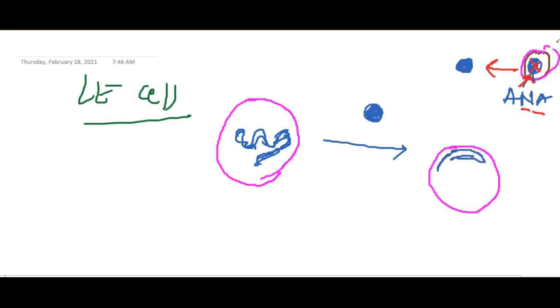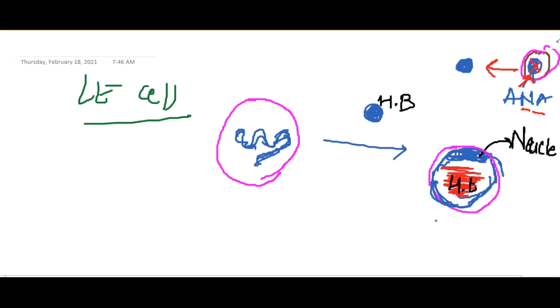So the nucleus is like this in the periphery, and in the center you have the hematoxylin body. I am drawing it in red. The hematoxylin body is present in the center, whereas the nucleus is pushed out. This is called an LE cell.